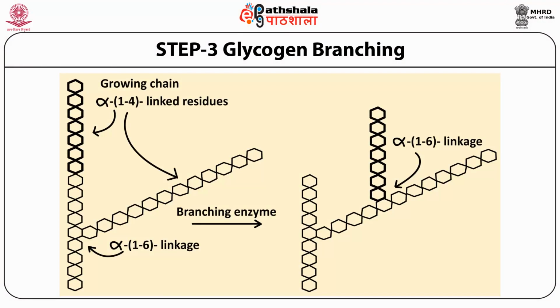This figure shows step 3, how branching of glycogen occurs. Glycogen synthase catalyzes only alpha 1,4 glycosidic bonds, which results in the formation of alpha amylose. Branching is catalyzed by a separate enzyme called the branching enzyme, also known as amylo 1,4 to 1,6 transglycosylase.